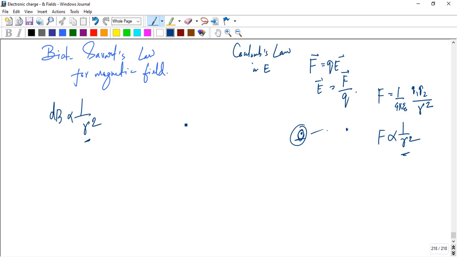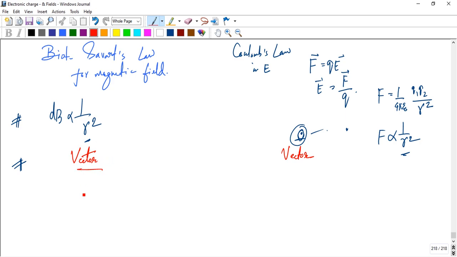Now there is a similarity, and another similarity is that both are vector fields.